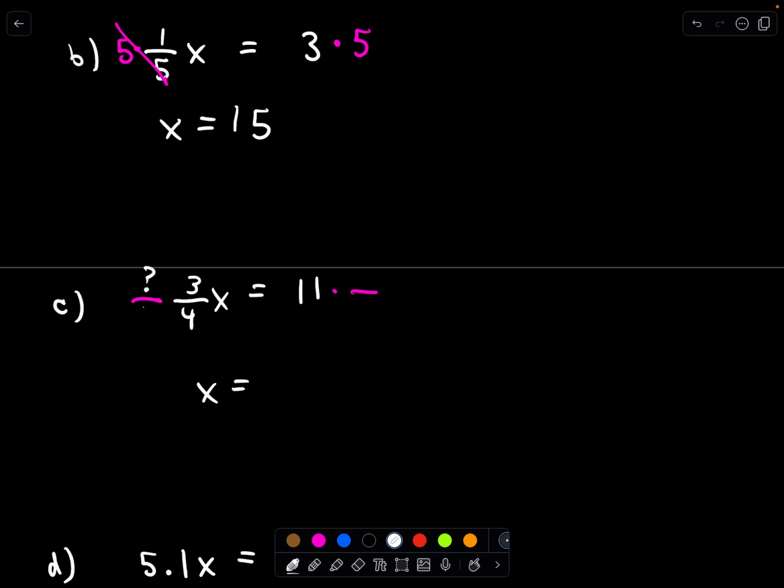It's got to be the same number on both sides. Well, I've got a 3 in the numerator. If I put a 3 in the denominator, those would cancel. Likewise, I've got a 4 in the denominator. Let me put a 4 in the numerator. Those would cancel. That would leave me with x on the left side. So if I'm multiplying x by 3/4, I'm going to multiply both sides by 4/3.